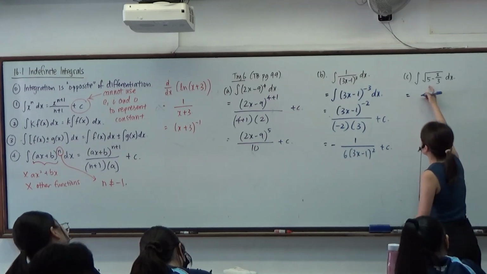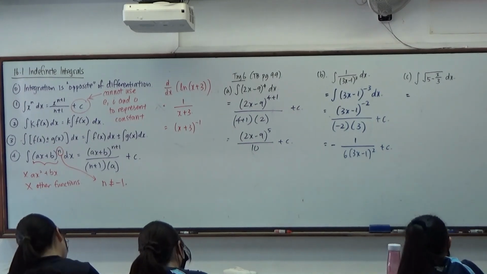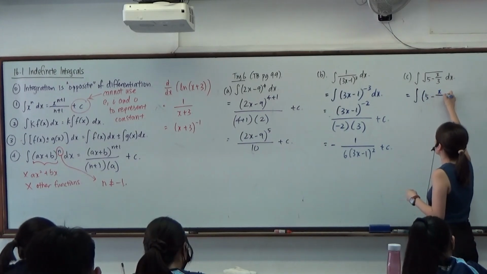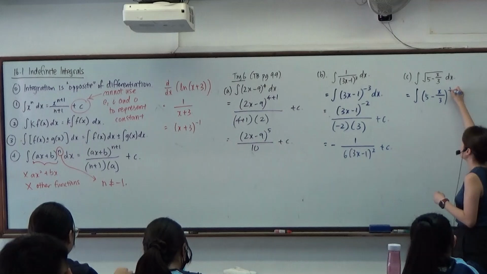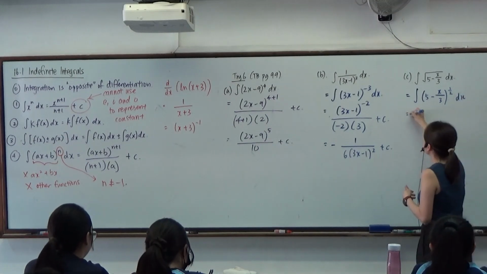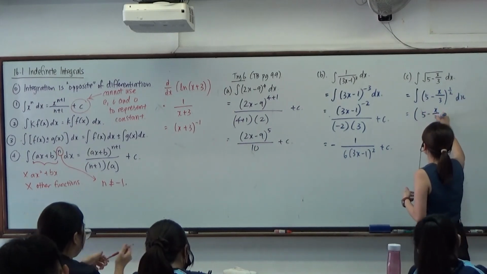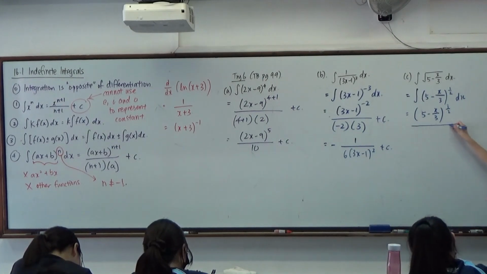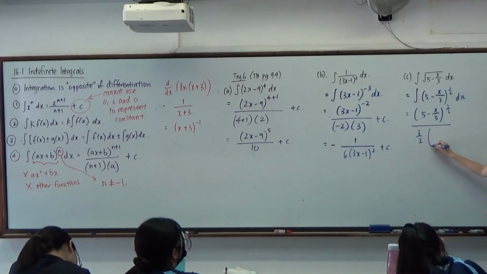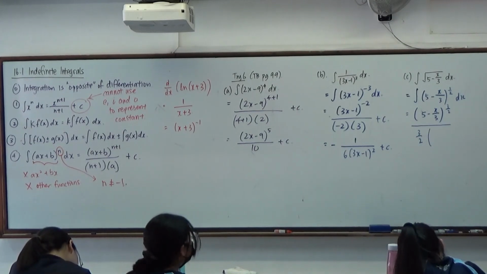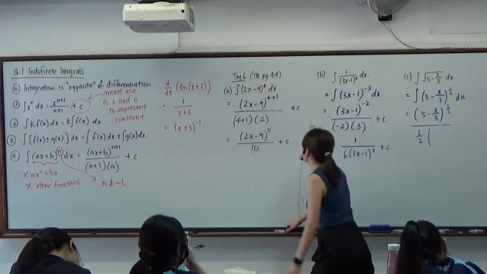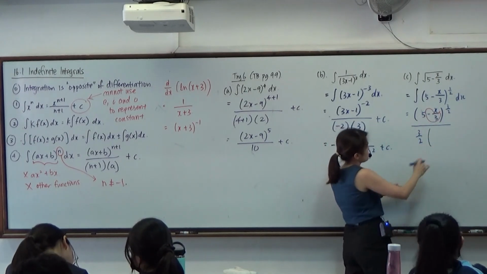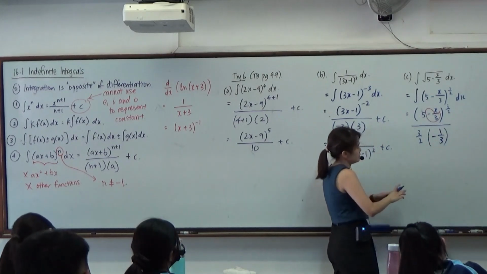And if I were to integrate square root 5 minus x over 3, I will be looking at integrating 5 minus x over 3 to the power of half. Half plus 1 is 3 over 2. Divide by 3 over 2. And then recognizing the coefficient of x, which is negative 1/3. So that's why it's a negative 1/3 to be placed here.